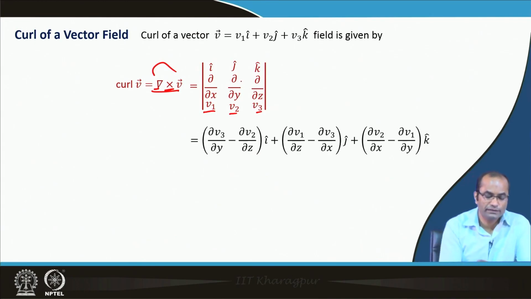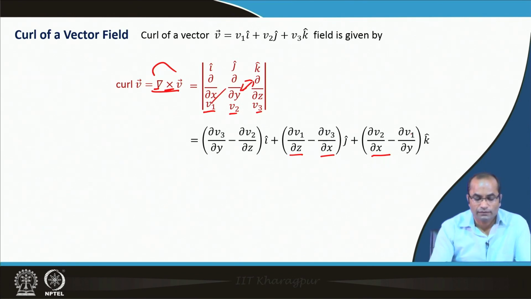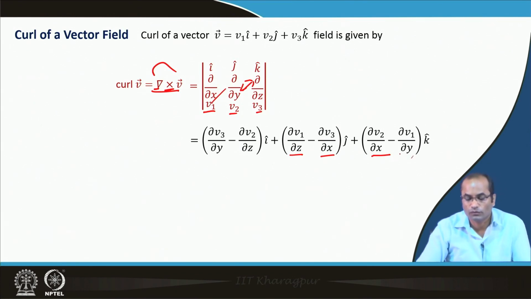If we simplify this, for i we have del V3 over del y minus del V2 over del z. Similarly, for j we have del V1 over del z minus del V3 over del x. For k we have del V2 over del x minus del V1 over del y.